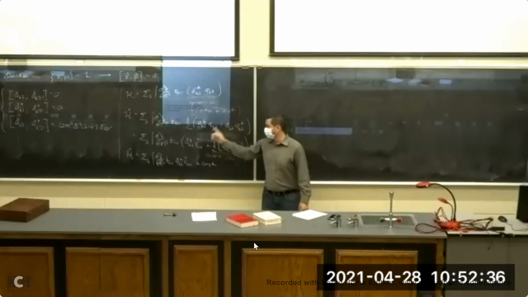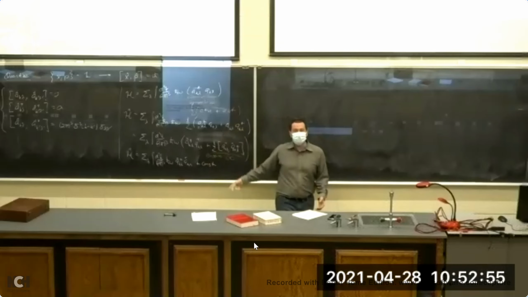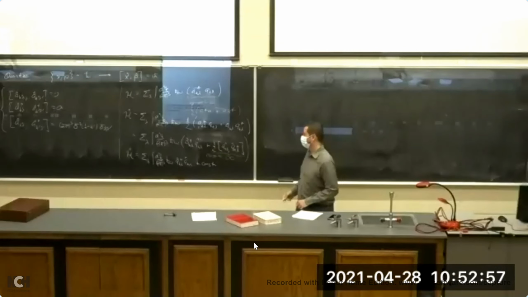When you try to take this framework and include gravity in it, you end up with a vacuum energy, which looks like a cosmological constant that is ridiculously large. It is 120 orders of magnitude larger than the current limit on the cosmological constant from experiment. So this is an indication of a very deep problem when it comes to quantum gravity.